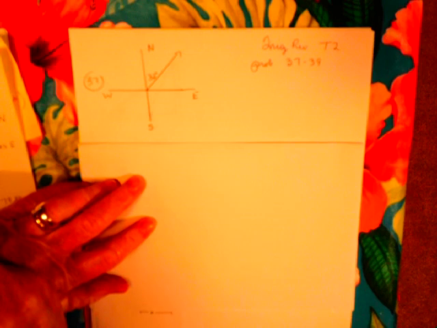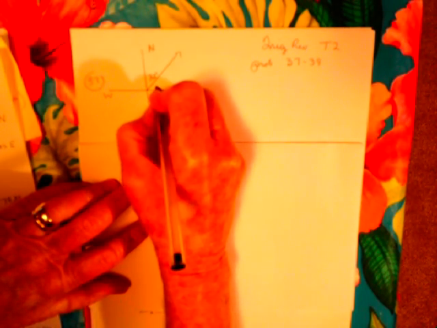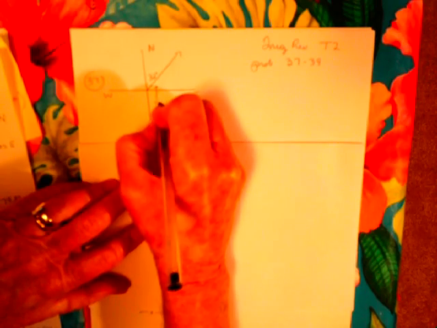If the bearing is 32 degrees, we label that 32 because that is the distance between the ray and the north-south line. That means that this angle will be 58 degrees.